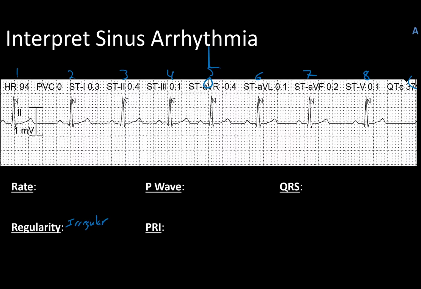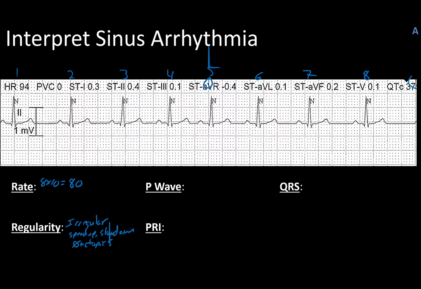Not massively, just a little bit. And that there's no ectopics. But now that I've done that and I've decided it's irregular, I can just go ahead and add these across and say I've got 8 beats. So we'll just say 8 times 10 equals 80.